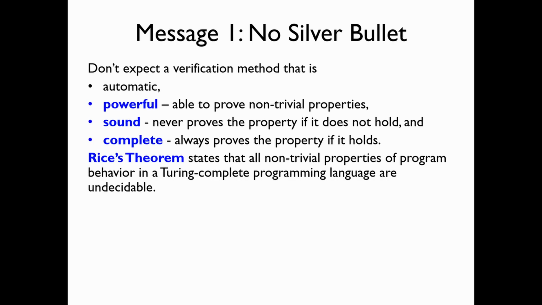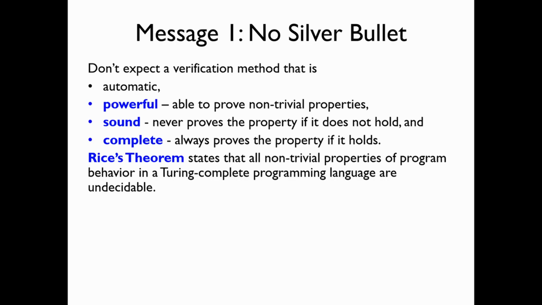If a method or tool is complete for a certain type of correctness property, it will prove correctness for any program that has this property. It will never fail to declare a correct program as being correct. So it will never say that the program is incorrect, and it will never warn the program may be incorrect.